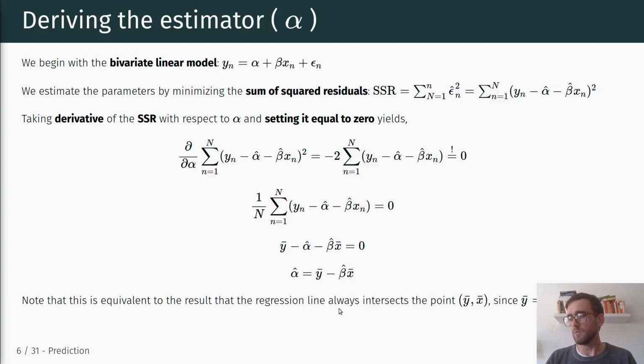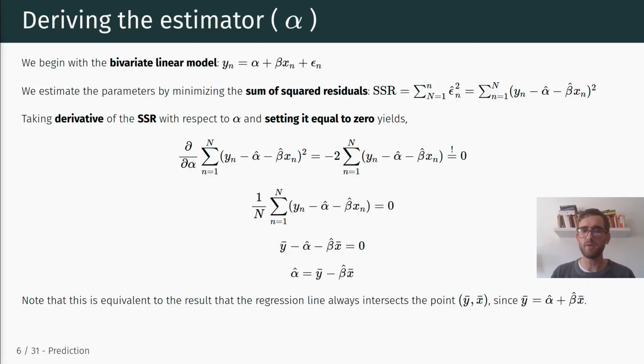Okay. And one thing to note is that this formula basically implies that the regression line always intersects with the point y bar and x bar, because we can also rearrange this, put y bar on the other side and alpha hat on the right hand side, and then this equation becomes y bar equals alpha hat plus beta hat times x bar, which is equivalent to saying that the regression line always intersects the point x bar and y bar.